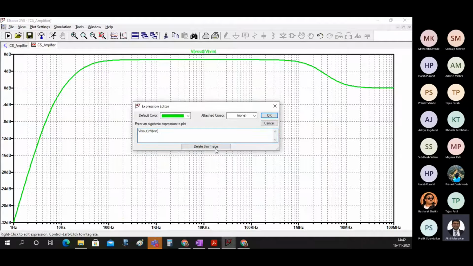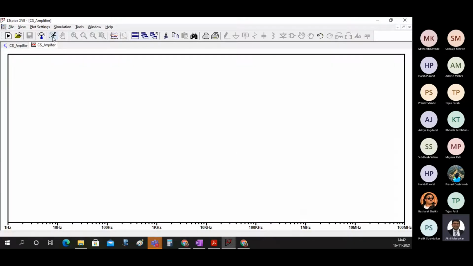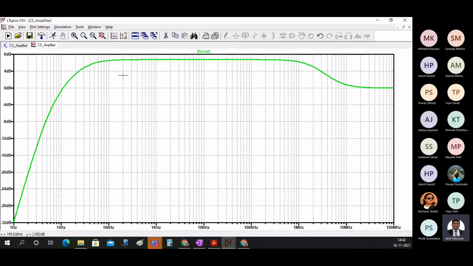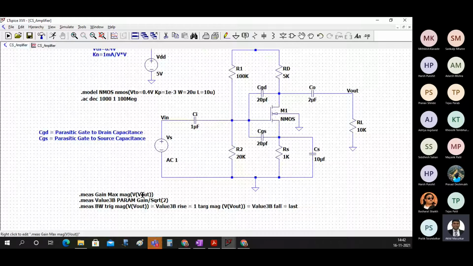So when it is noting down the maximum value of V out, that value gets stored in the variable gain.